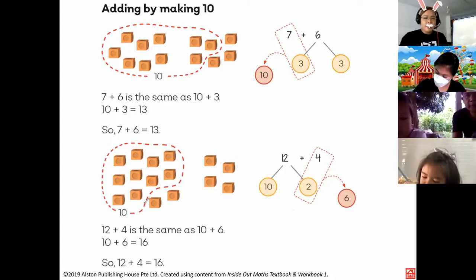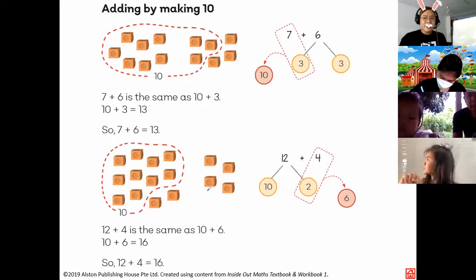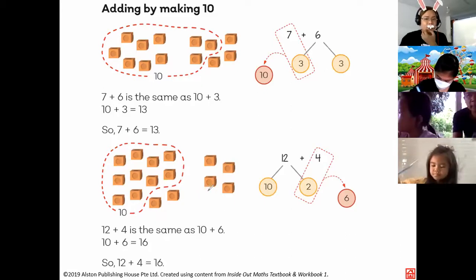So these are 10 cubes. And then we have another cubes right here: 1, 2, 3, 4, 5, 6. So 10 cubes plus 6 cubes, that's 16 cubes.